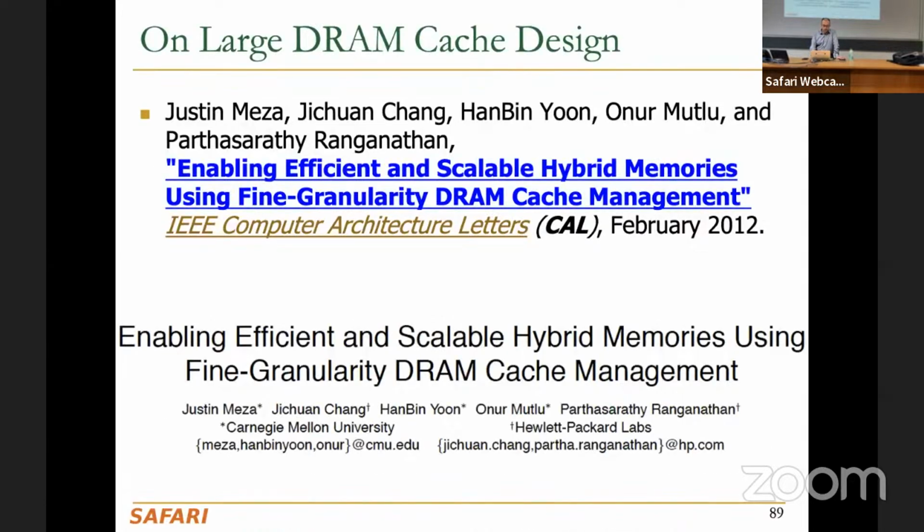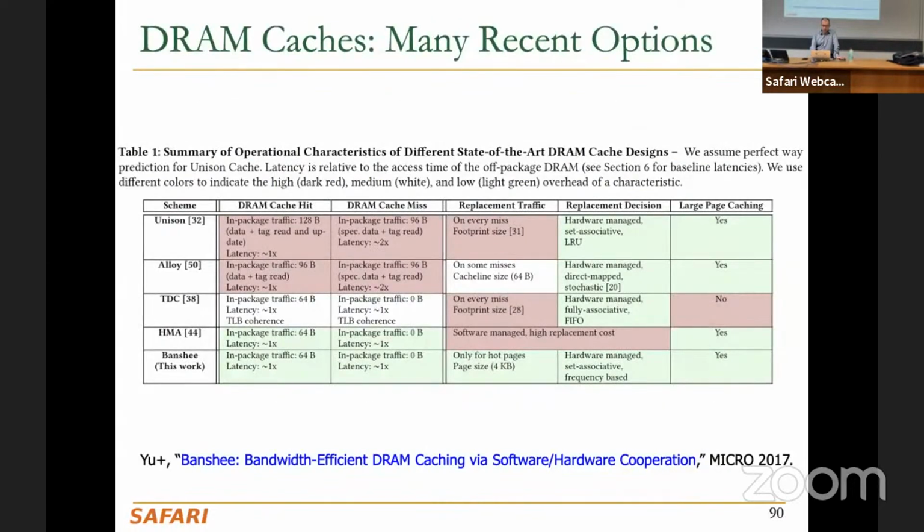So you can check this paper if you are interested to learn more. It's going to also be part of your reading. But essentially, for DRAM caches, there are also many recent options. People have worked on it a lot. We have worked on it, and other people have also worked on it a lot, and there are many different studies and different schemes that you can see here.